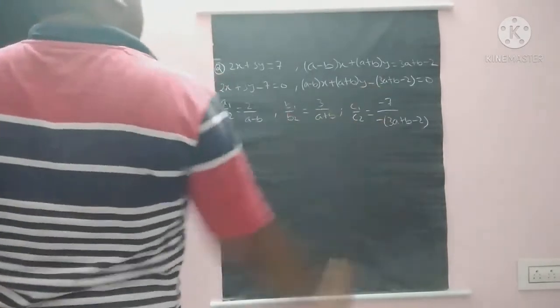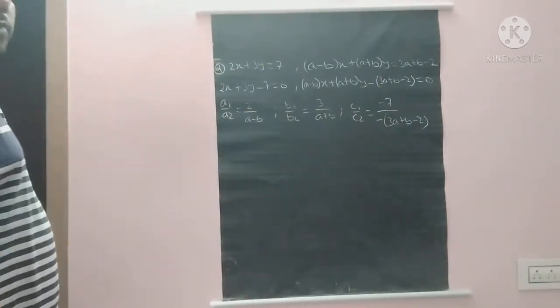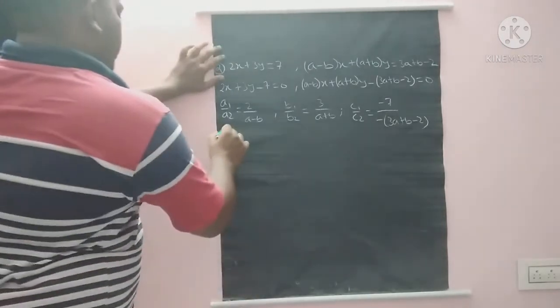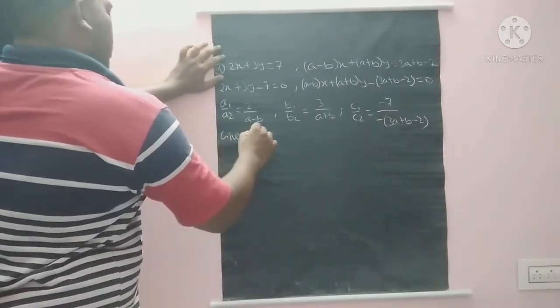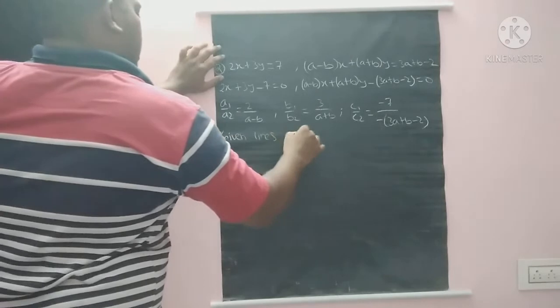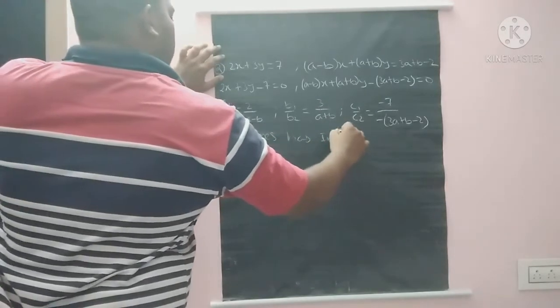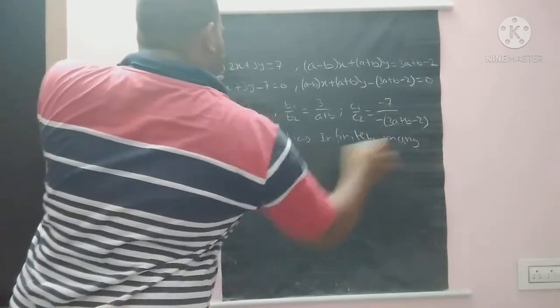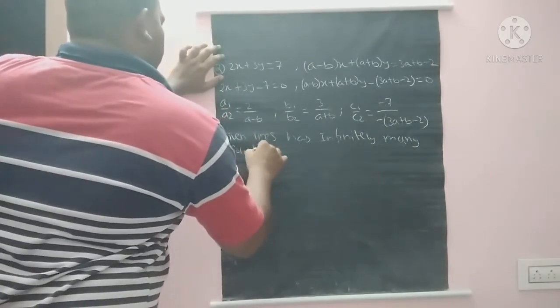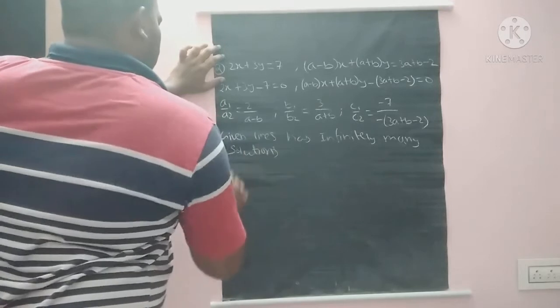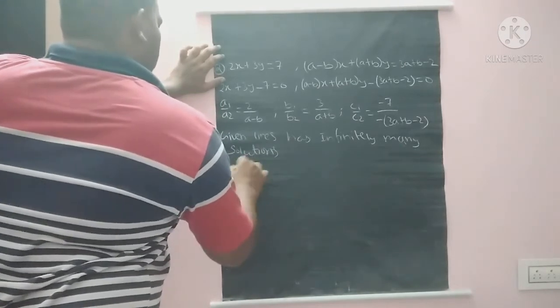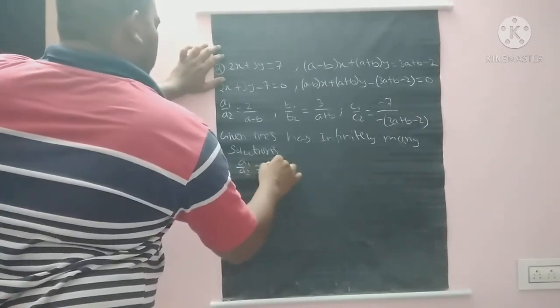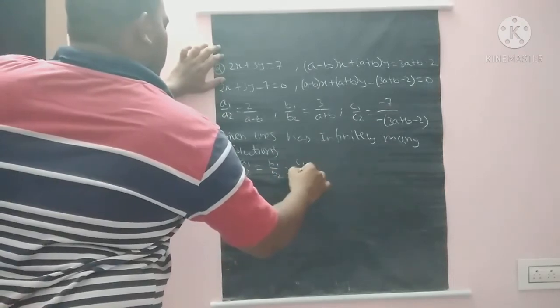Here minus minus will eliminate, then we will get 7 by (3a plus b minus 2). So the given lines have infinitely many solutions, therefore a1 by a2 should be equals to b1 by b2 is equals to c1 by c2.